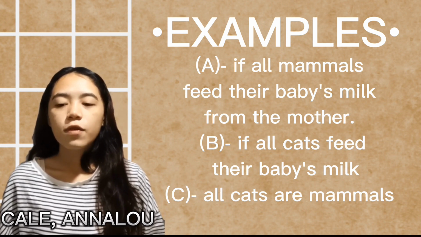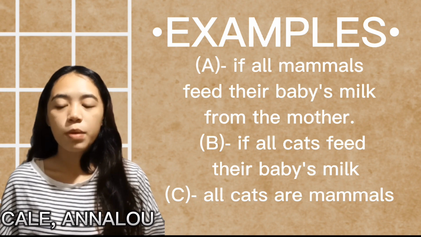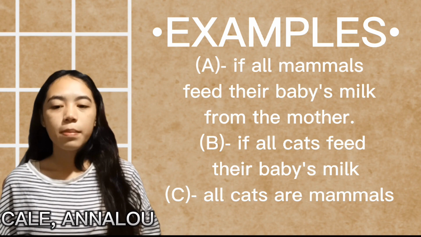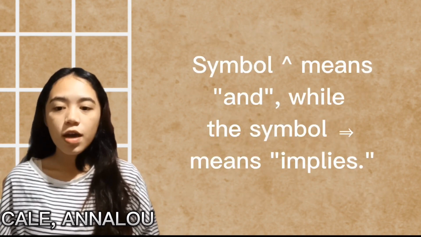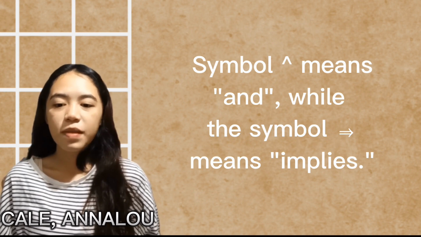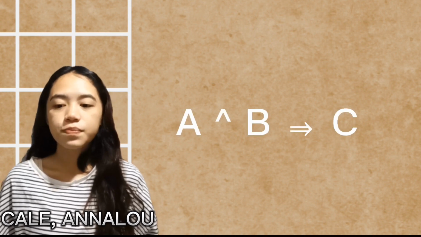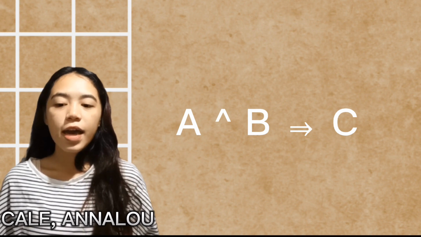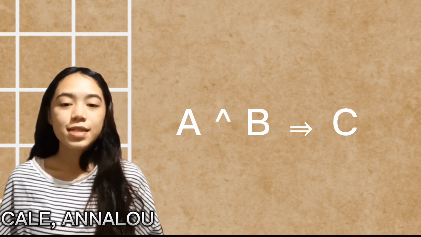Proposition B: all cats feed their babies mother's milk. Proposition C: all cats are mammals. So, the symbol caret means "and", while the arrow pointing to the right means "implies", so the mathematical conclusion is drawn like this, and read as A and B implies C.